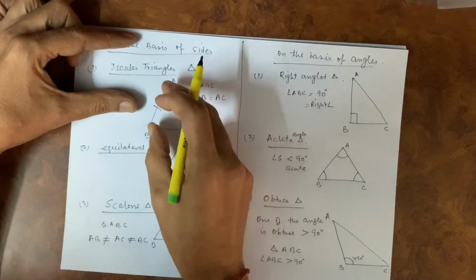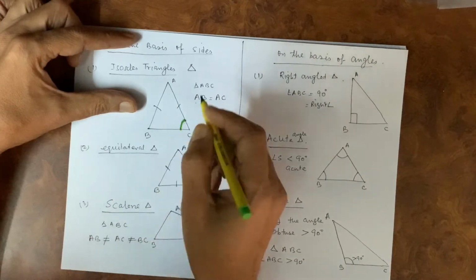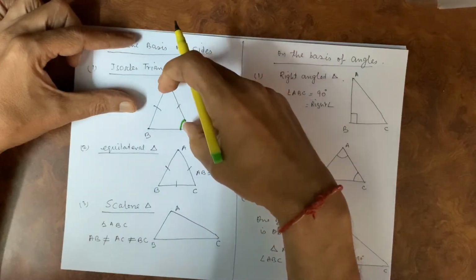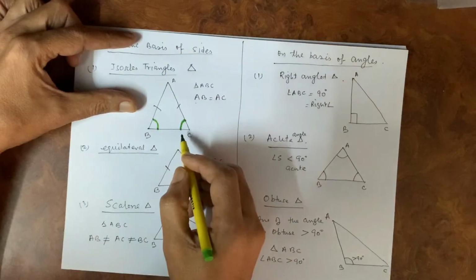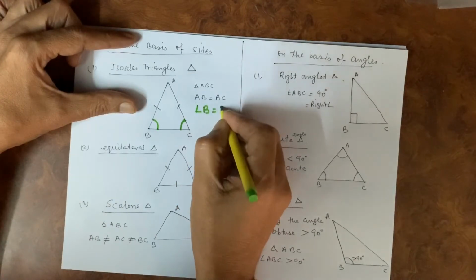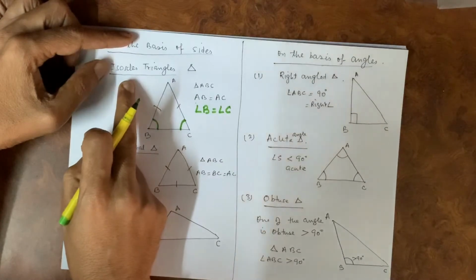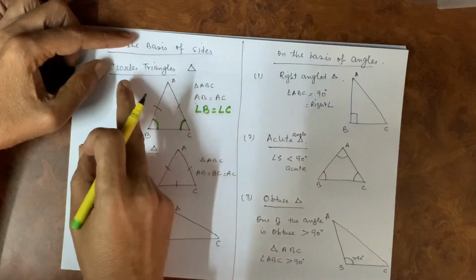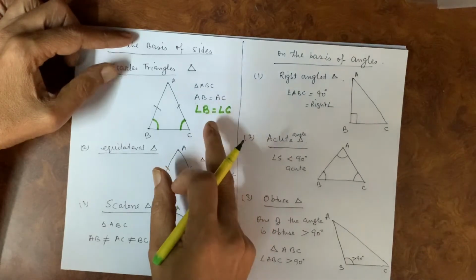Angle opposite to AB is angle C, and angle opposite to AC is angle B. So angle B is equal to angle C. So there are two properties of isosceles triangle: two sides are equal and the angles opposite to the equal sides are also equal.